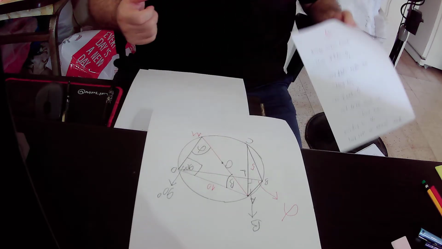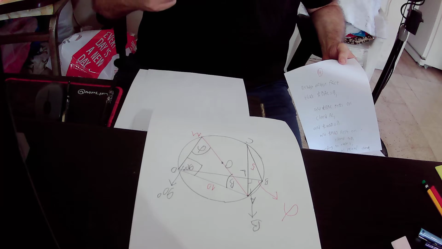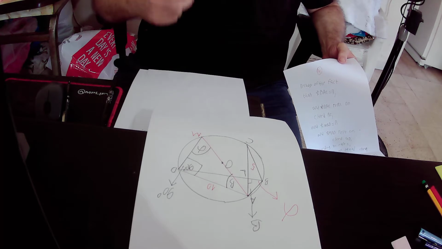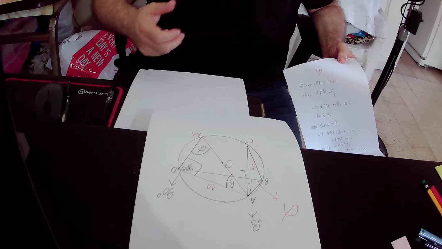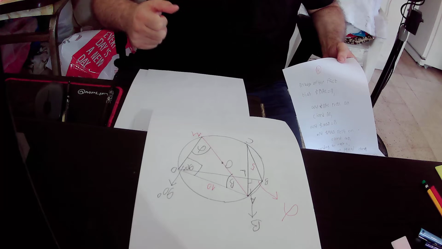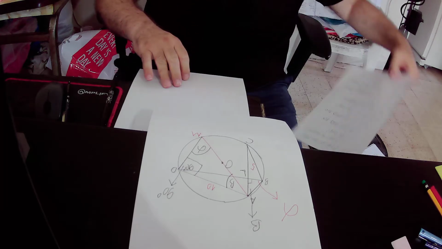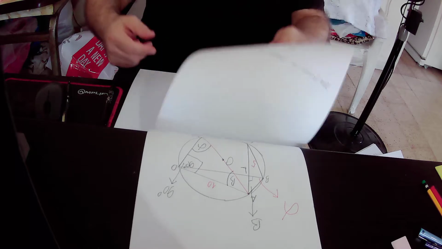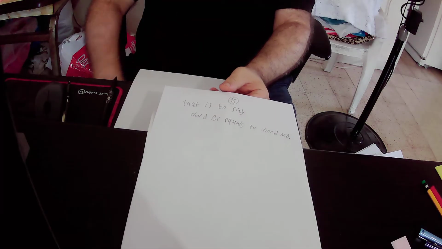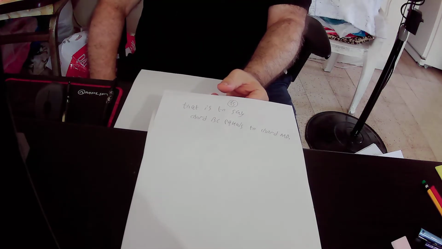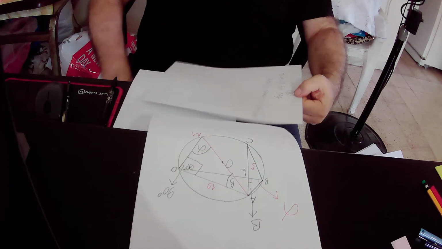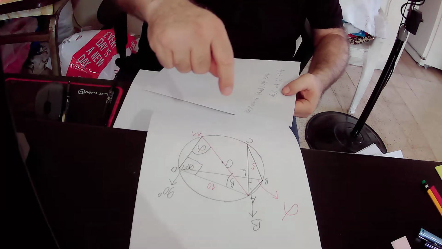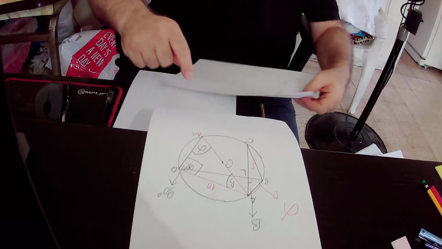Because both peripheral angles are equal to each other, they also rest on equal chords. That is to say, chord BC equals chord MD.